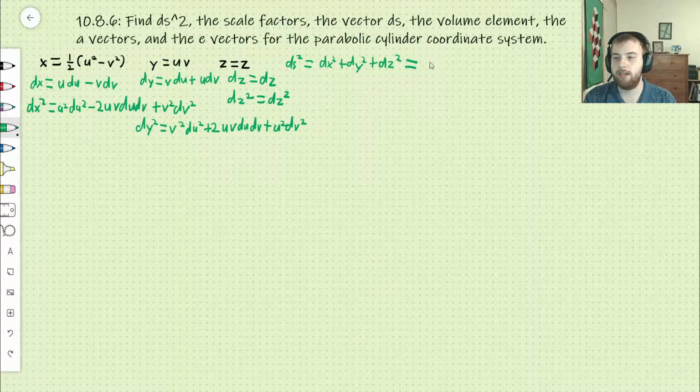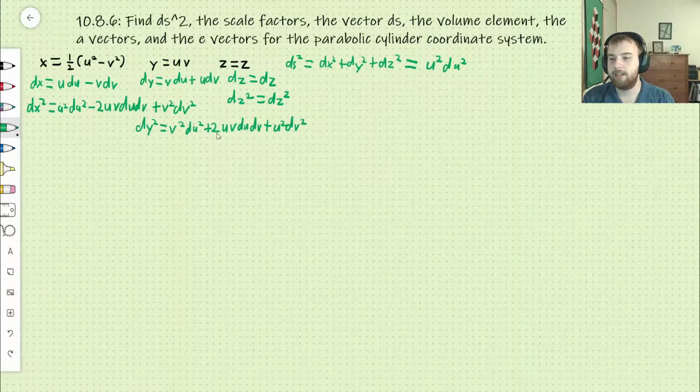So this is going to be u squared du squared. And notice that when we add all these together, this part cancels out with that part.